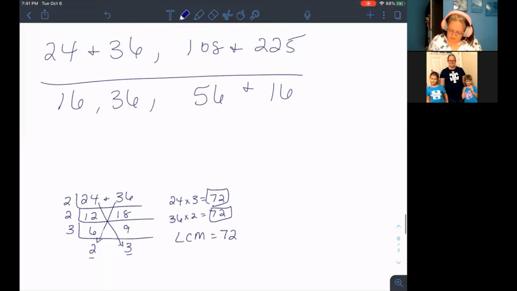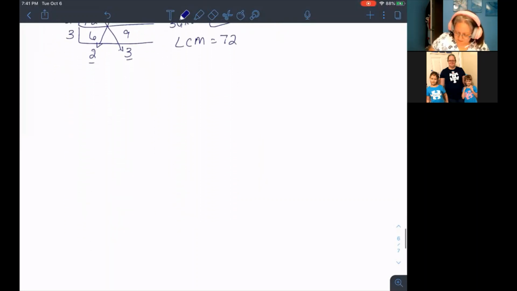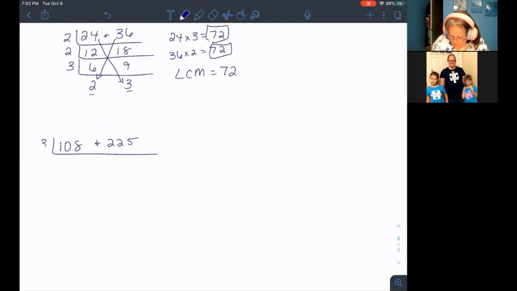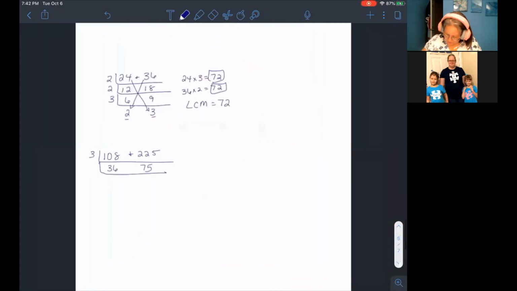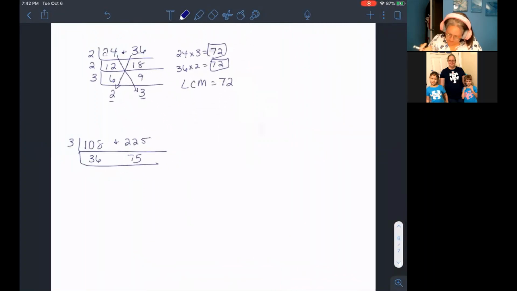And then let's try 108 and 225. All right, so I know they go in 3 times to start with. 108 divided by 3 is 36. And then 225 divided by 3 is 75. The next one, well, no, it could go 3 again. 36 divided by 3 is 12, and 75 divided by 3 is 25.